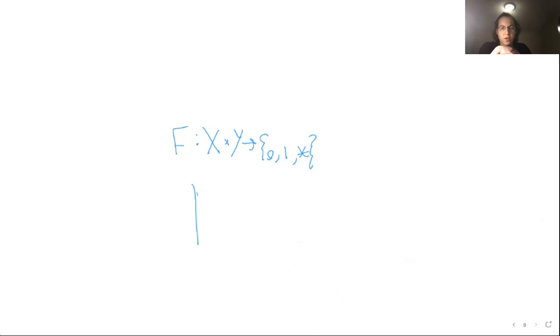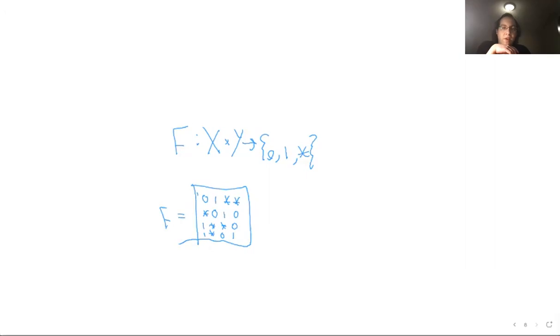This corresponds to having a communication matrix that has some stars. You can define a communication matrix that has 0s, 1s, and stars, and Alice and Bob don't need to worry about succeeding on star inputs.